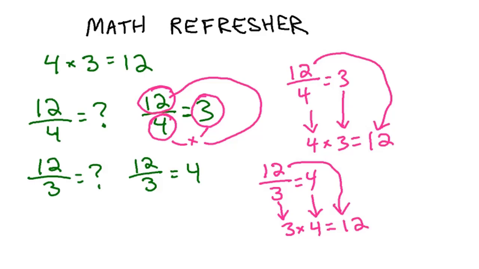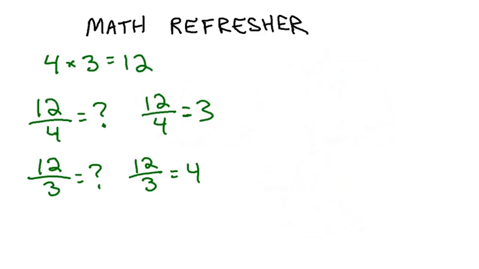So see, these numbers are all interrelated with each other and can be kind of swapped around and played around with to get whatever answer you need. So if you have 12 divided by question mark equals 4, well, you can swap this question mark and this 4 around and turn it into 12 divided by 4 equals question mark.